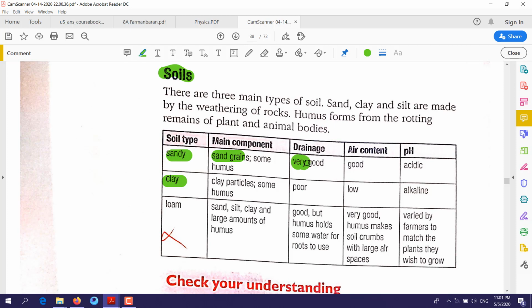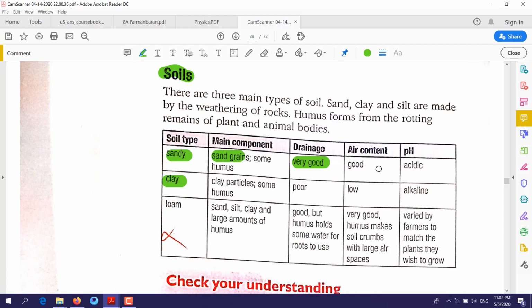Drainage is very good. What's the meaning of drainage? It means if you have sandy soil and you put water in it, all the water will pass through it. The water will pass through its particles easily. Why? Because the particles are big, so there will be large gaps or air spaces between the particles, so the water will drain through it easily.